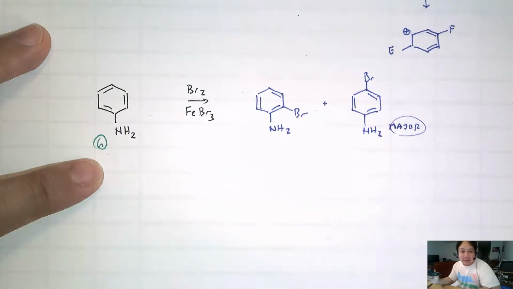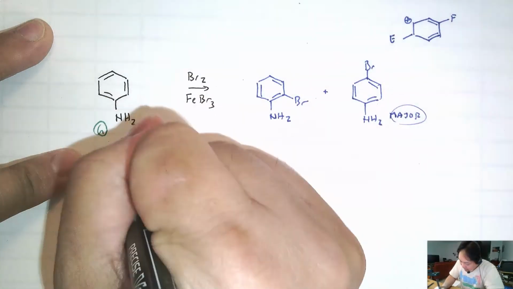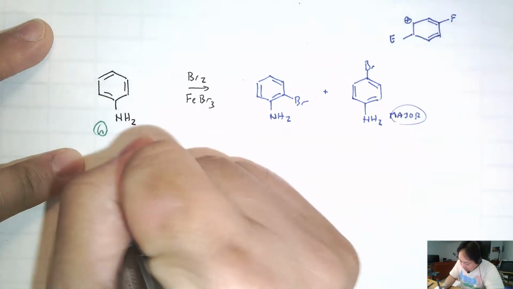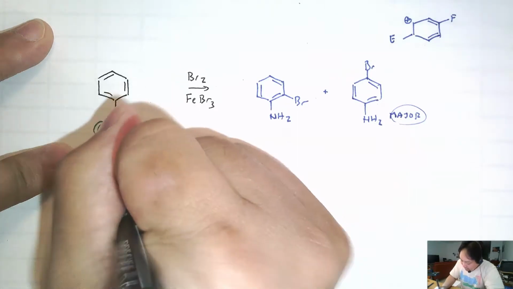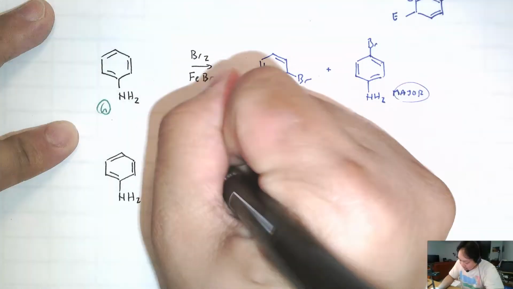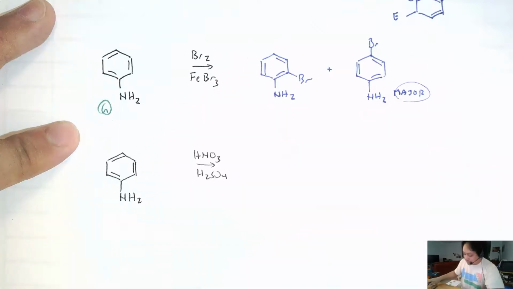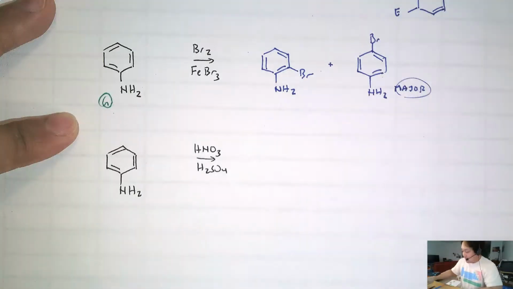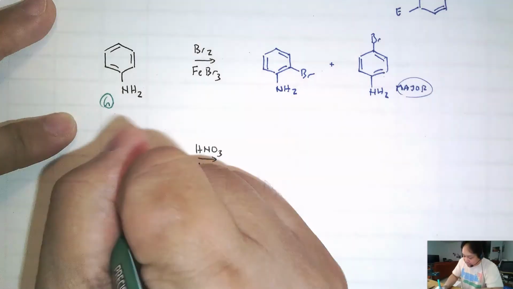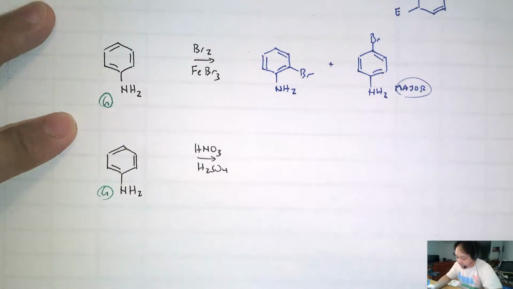I'm going to give you a trick question now. That shows that NH2 is a good group, and we directed ortho and para. What about this one? HNO3, H2SO4. Okay. This is still a good group, but this is the product.